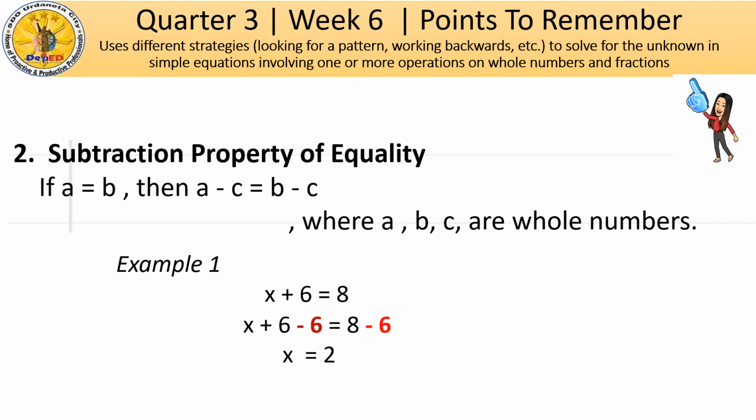For example, if we have the equation x plus 6 is equal to 8, the subtraction property of equality allows us to subtract 6 from both sides of the equation to get x equals 2.